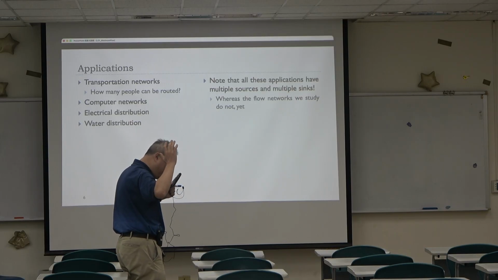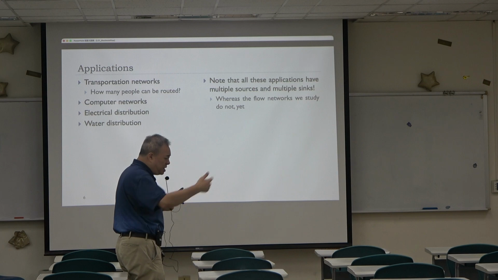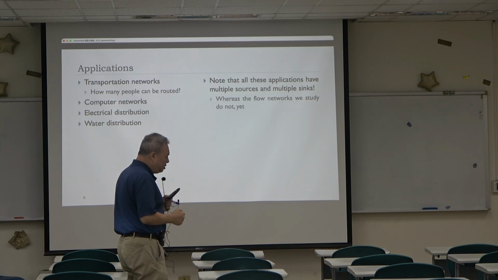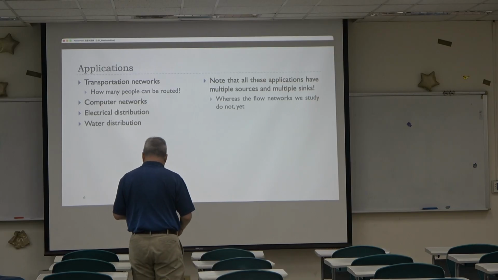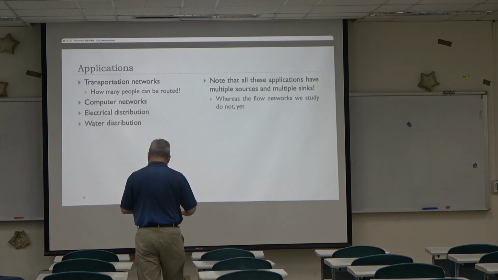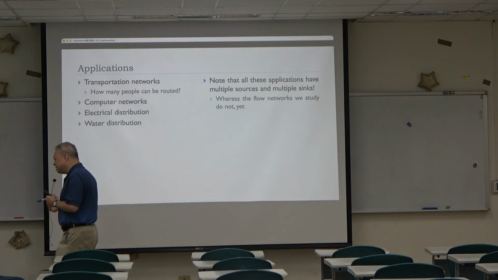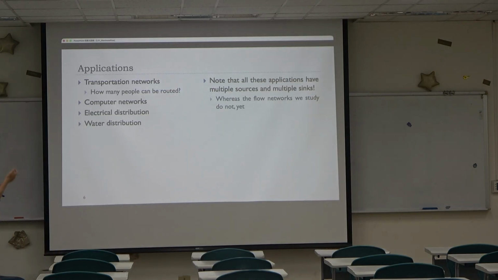Even if you only consider highways, every city has an entrance to the highway and every city has an exit. The entrance can be considered the source, and the exit can be considered a sink. So you have multiple sources and multiple sinks. But in the flow network model, we only study one source and one sink, so it is very limited.